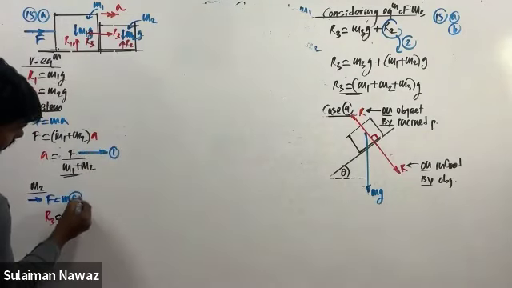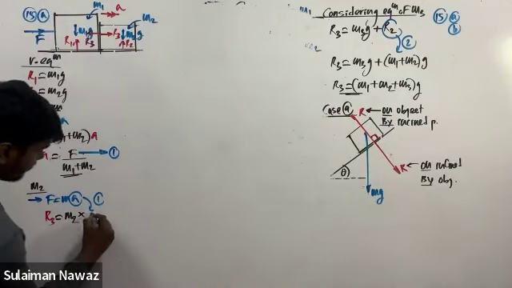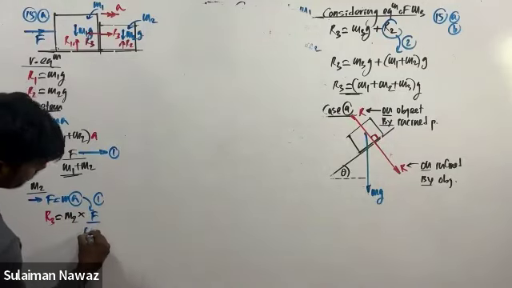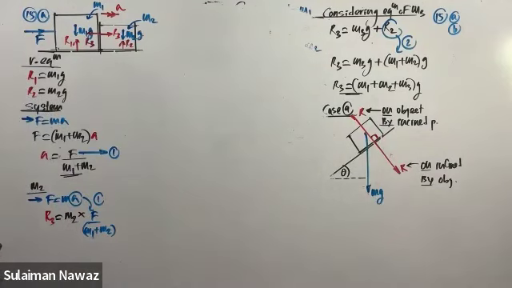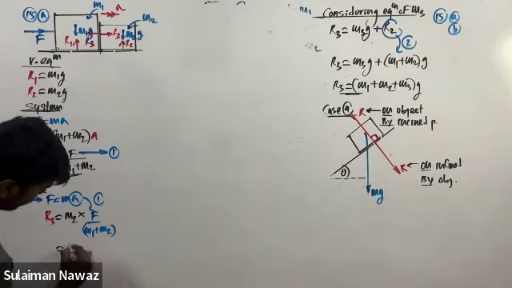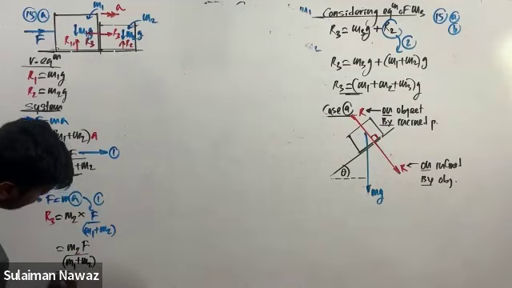From equation 1, I can write down acceleration as F over M1 plus M2. Therefore, my final answer will be M2F over M1 plus M2.